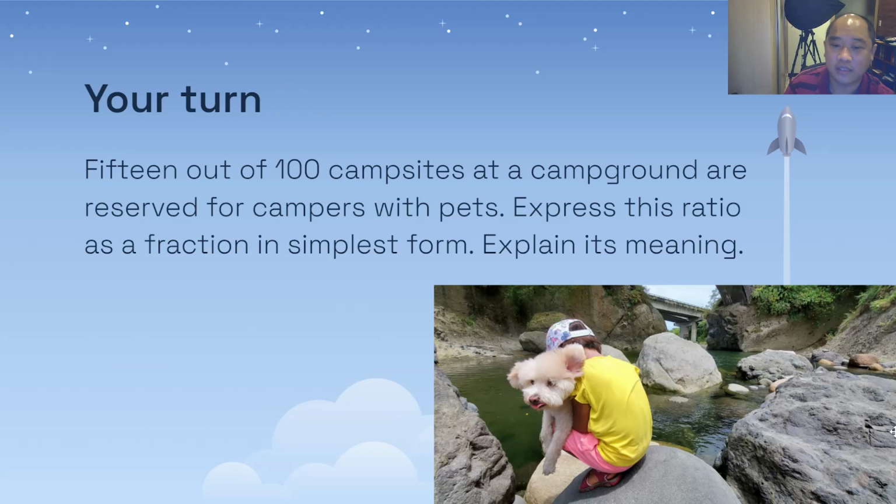Your turn. Let's say that 15 out of 100 campsites at a campground are reserved for campers with pets. A campsite is a place that you go and you set up a tent.